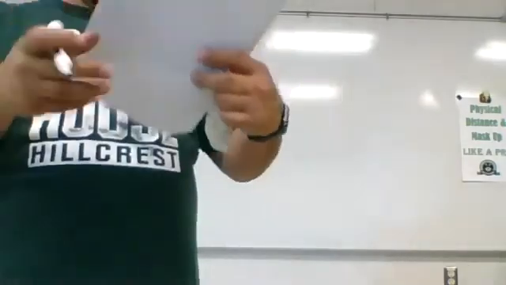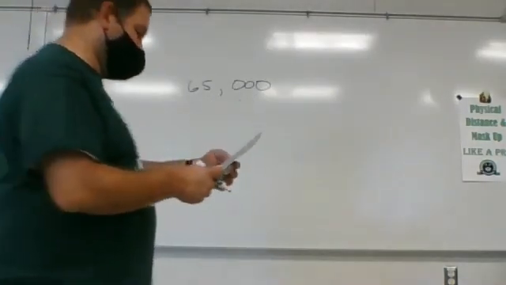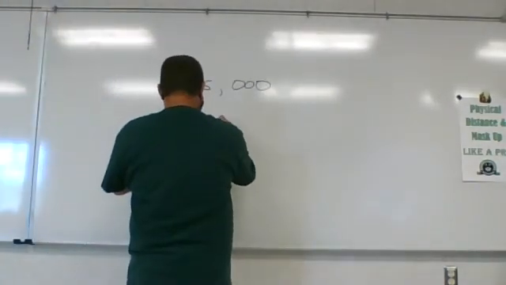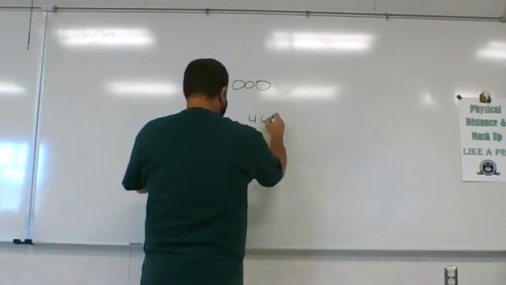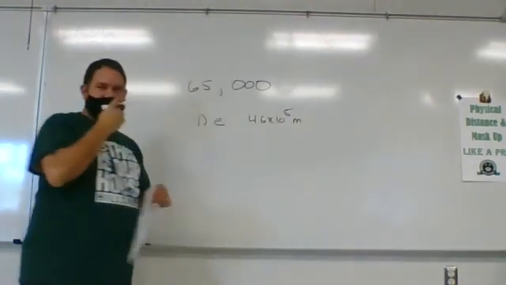Number 1F. Oh, shoot. Okay, let me fix that really quick. This is also with E. So number 1E should be in scientific notation of 4.6 times 10 to the 5th meters. That should be to the 5th power.